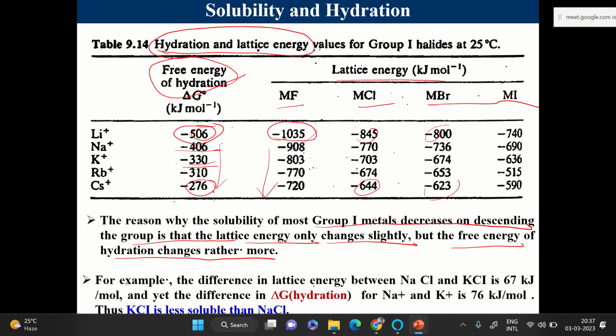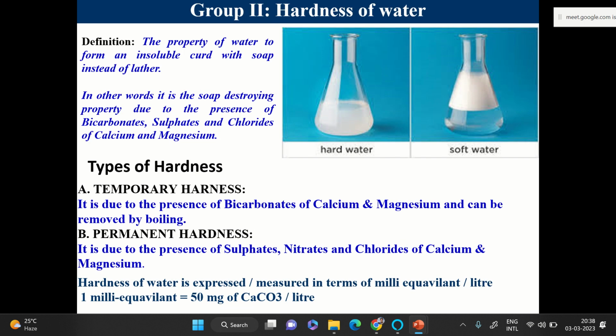So the lattice energy difference is 67 kilojoules, and yet the difference in delta G hydration for Na plus is 76 kilojoules, and that's why KCl is less soluble than NaCl, right?